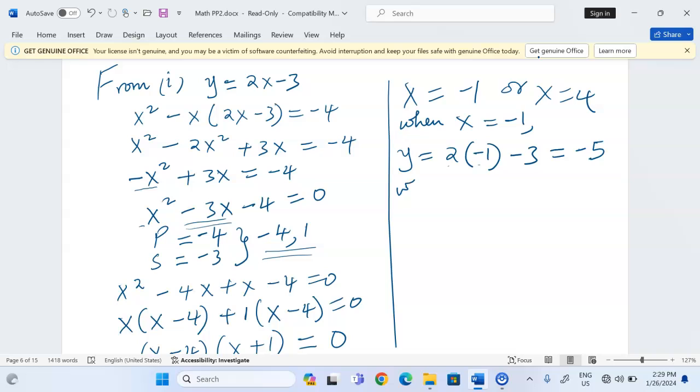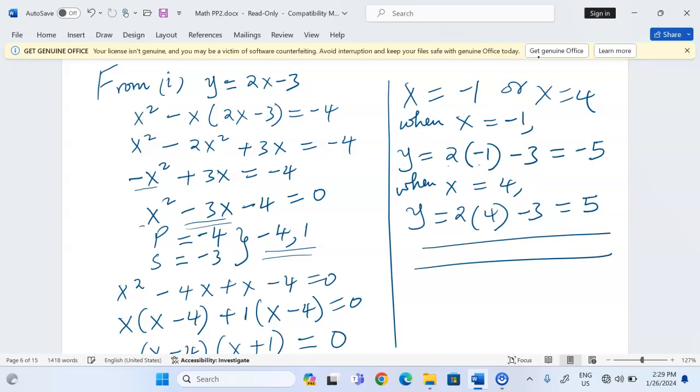When x equals 4, the value of y is going to be 2 into 4 minus 3. This is going to be 8 minus 3, which is 5. Therefore, the values of x and y are: y equals 5 when x is 4, and y equals negative 5 when x is negative 1.